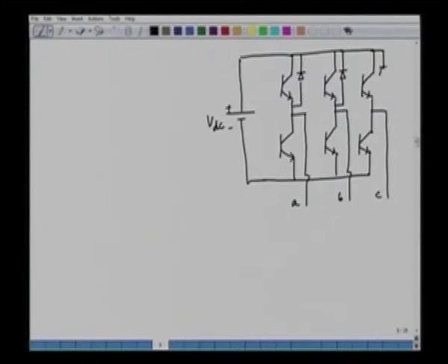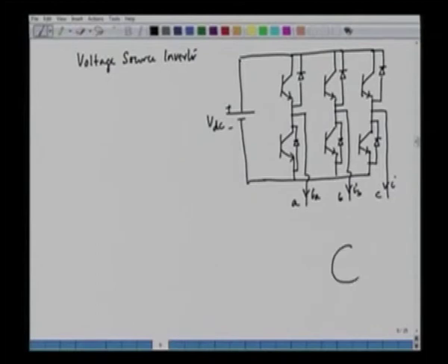So we have the diodes here to facilitate bidirectional flow of current. So this is a voltage source inverter. And the currents are in this case IA, IB, and IC, and these will be feeding to the motor. So we have phase A, phase B, and phase C of the machine. So the inverter feeds to the induction motor.